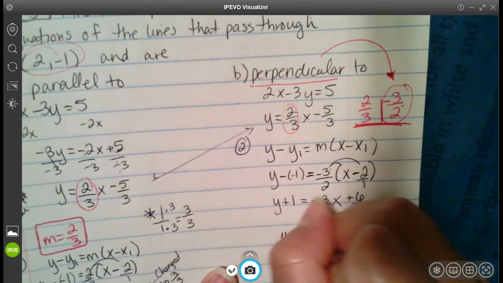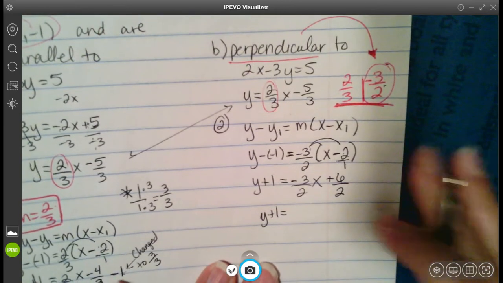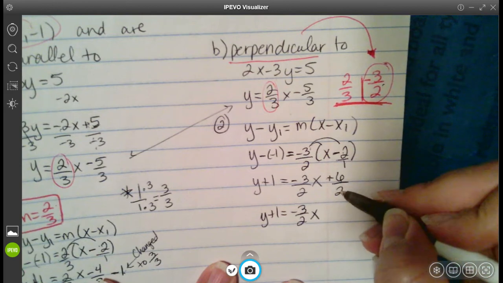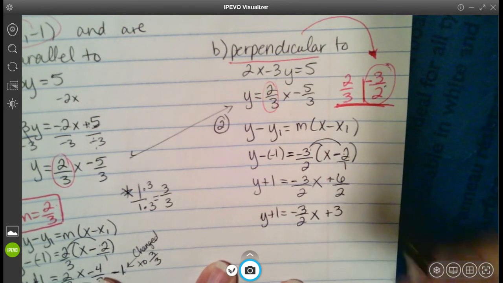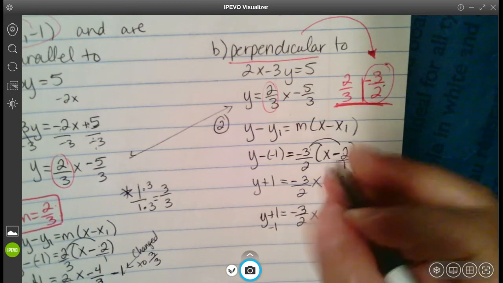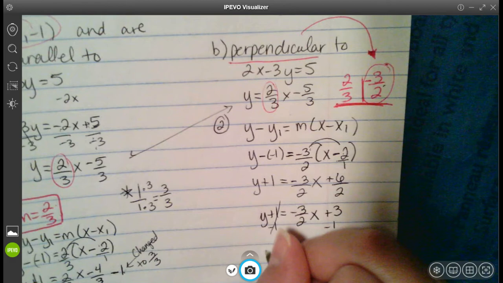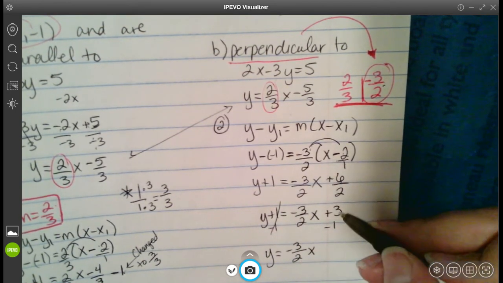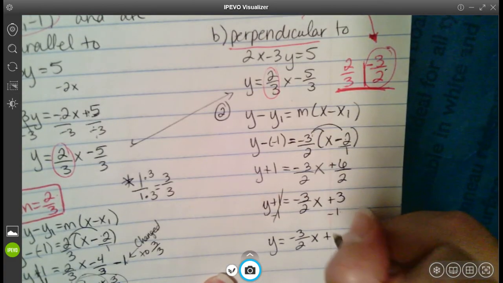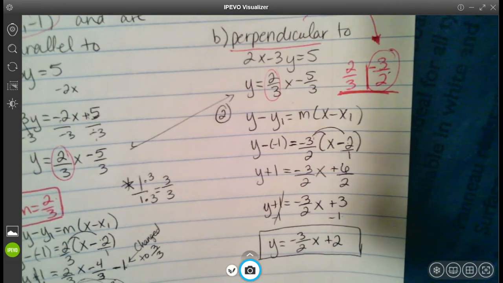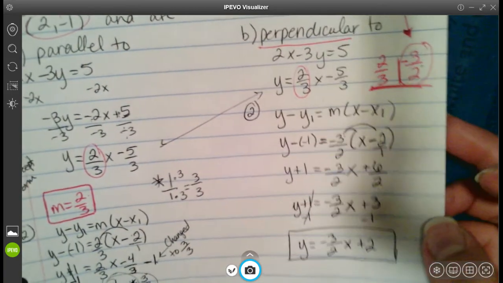So let's divide it so we don't have to worry about those ugly fractions. y plus 1 is equal to -3/2 x. 6 divided by 2 is 3. Okay, subtract the 1 from both sides. So y is equal to -3 over 2 x, 3 minus 1 is +2. Okay, and that is it, sort of.